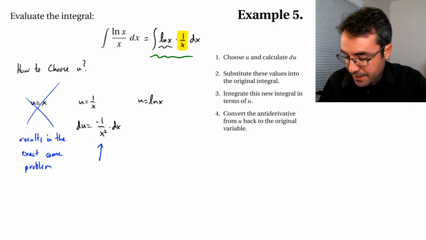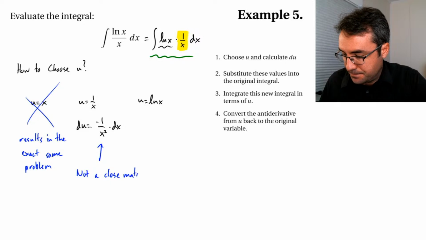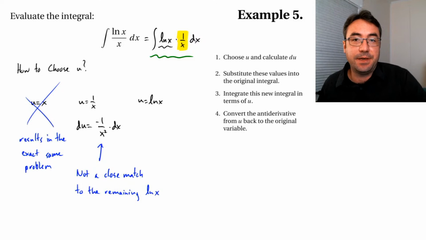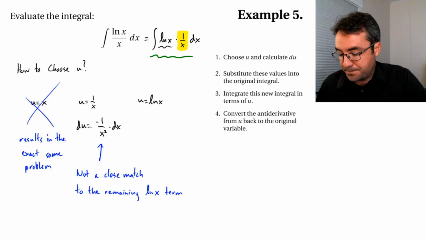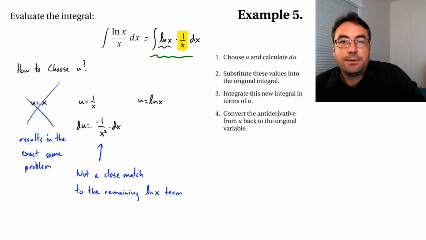So this differential is not a close match. Doesn't necessarily mean it's wrong, but it's not a close match, meaning we might have to do a lot of work to get it to fit. So try something else.